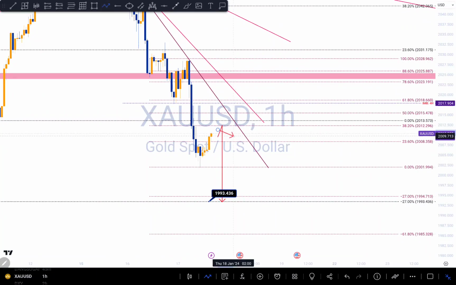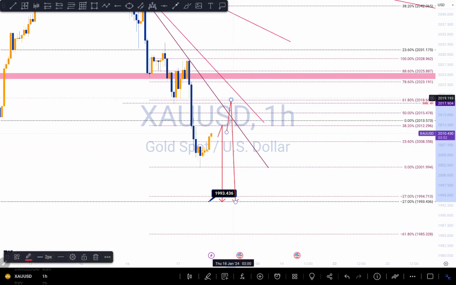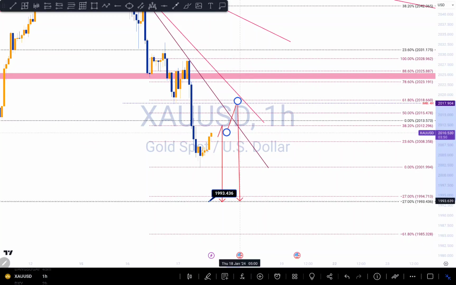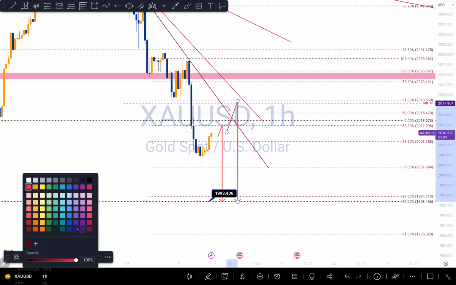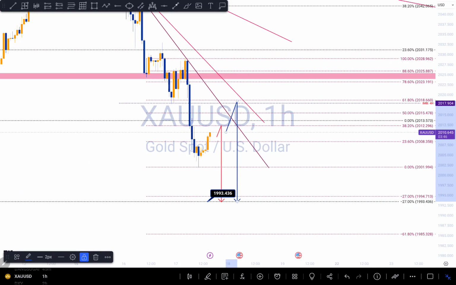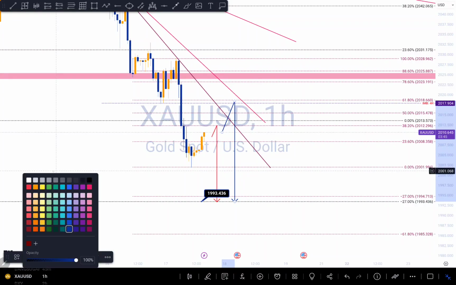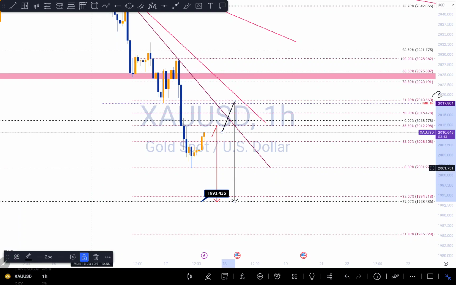And my second initial thought might be maybe from here to my 60% level right here, which aligns with my imbalance, right? We can see that aligns with my imbalance, it has changed the color of that. So we can see that aligns with my 4-hour imbalance that we have right here when I was doing my top down analysis.